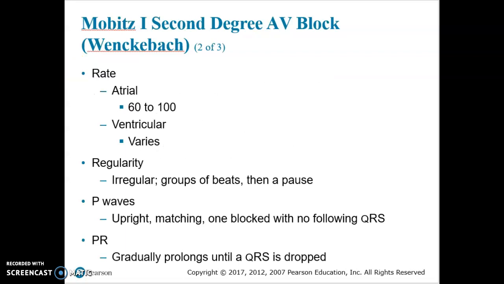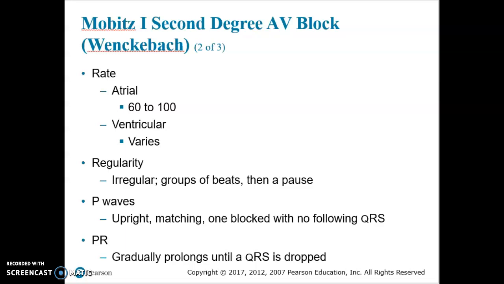With Wenckebach or Mobitz 1 second degree, we have an atrial rate of 60 to 100. The ventricular rate varies and is less than the atrial rate, because we have that non-conducted beat.